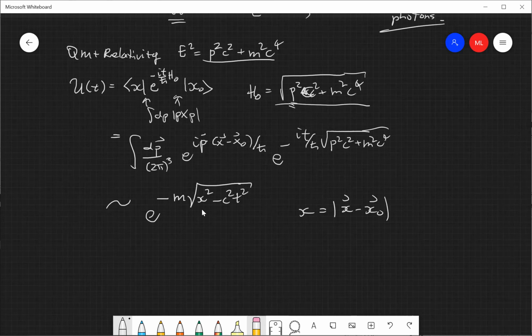This is very bad in terms of relativity, right? It means you can get transition probabilities where the distance between your initial and your final position is actually bigger than ct. That's really bad, right? That means it lives outside of the light cone.